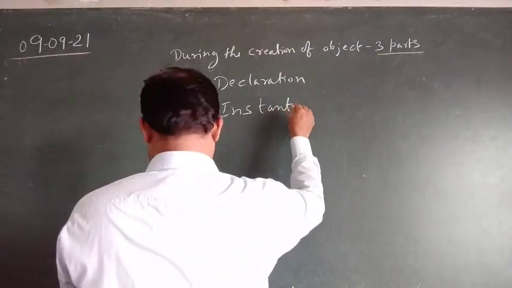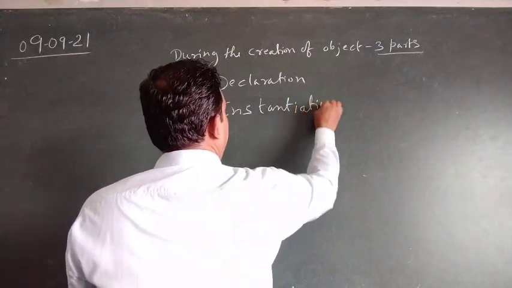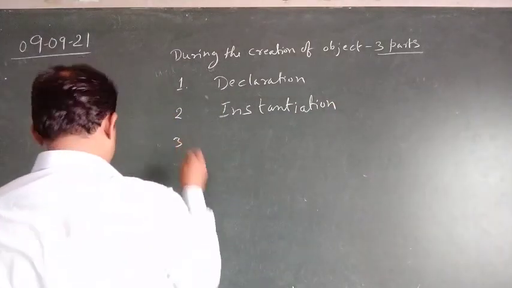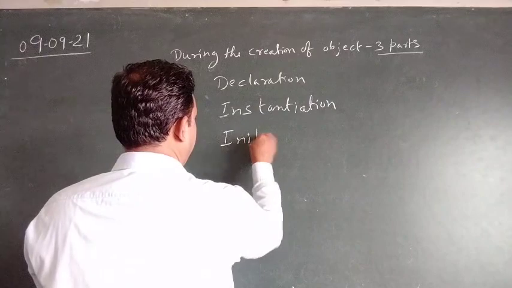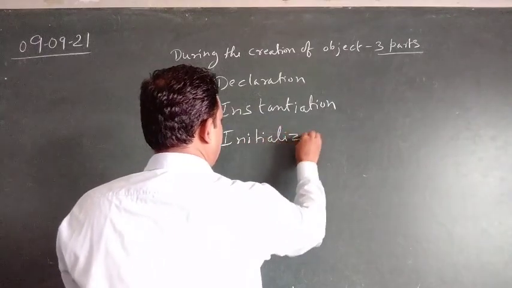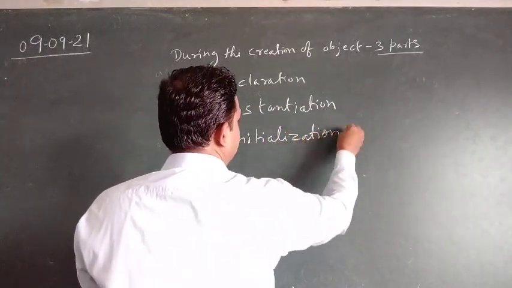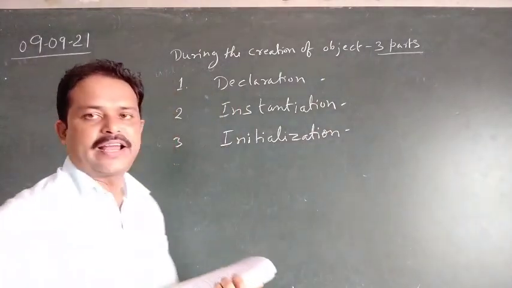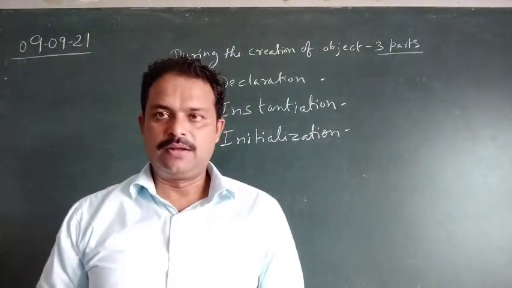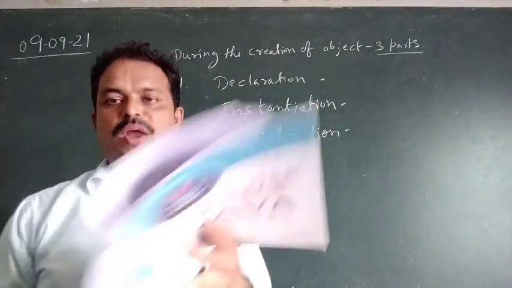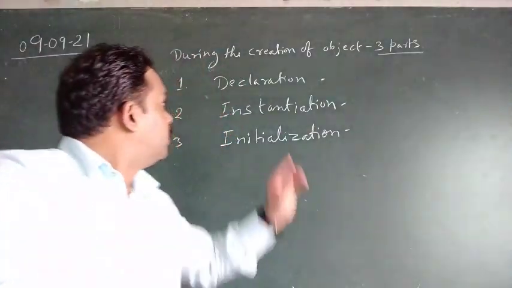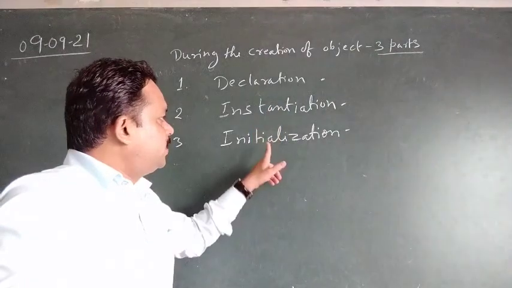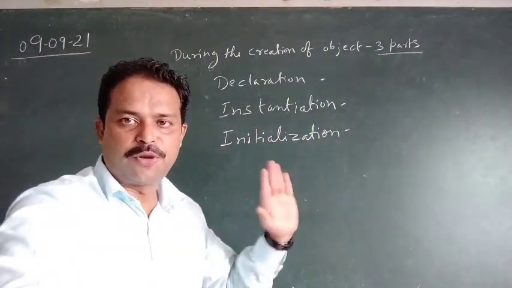Instantiation, and the third we call an initialization. These are the three technical terms that come up when we make any object: declaration, instantiation, and initialization. A very important topic it is.